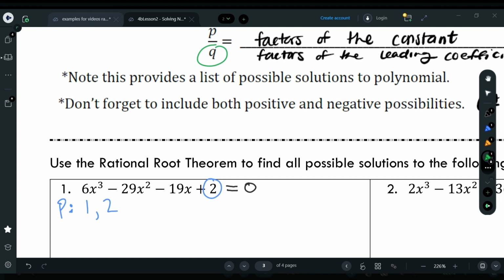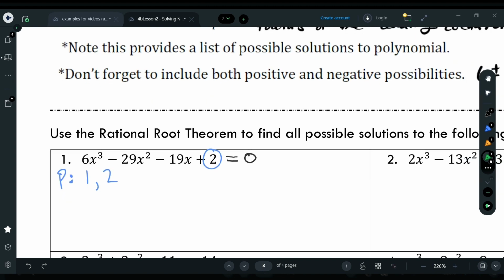Okay, and then q is factors of the leading coefficient. All right, so let's look at the leading coefficient. Remember, the leading coefficient is the coefficient in front of the x with the biggest exponent. And as long as your equation is in standard form, that's always going to be the front number. So 6 is our leading coefficient.